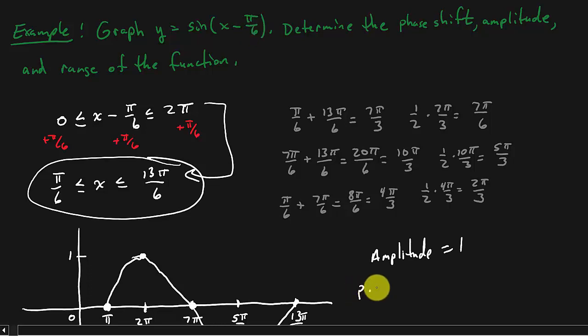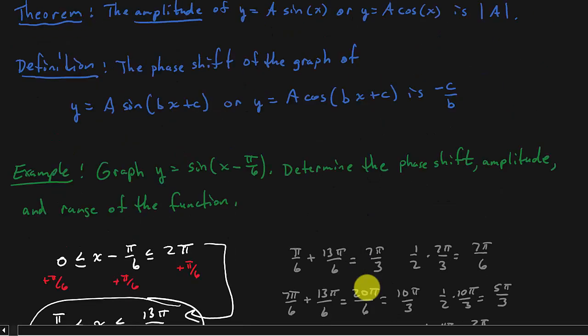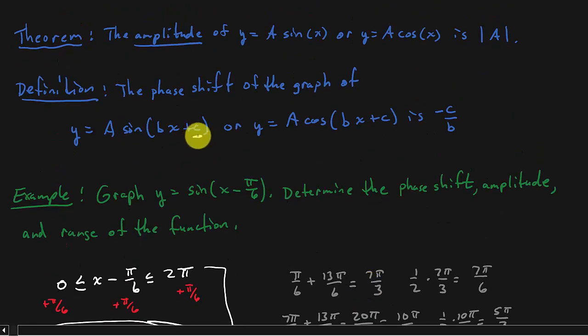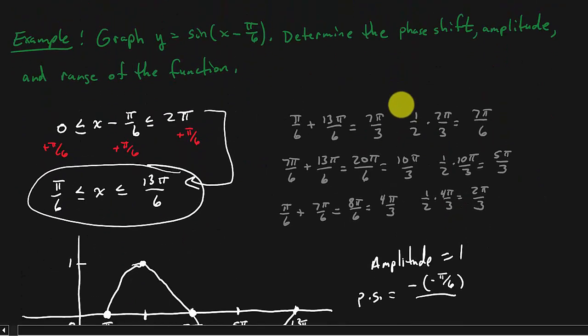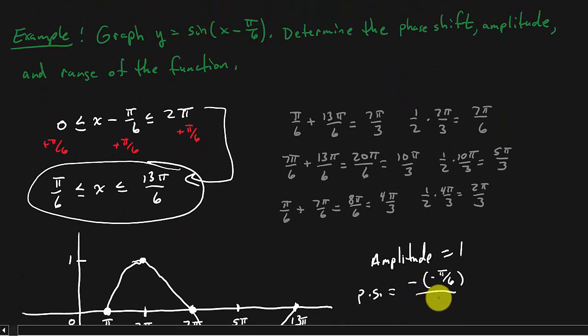So the phase shift is equal to negative c, which is negative pi over 6, over b. Well, remember, there's your c, and b is the number in front of x. So what's the number in front of x? That's 1. So that's over 1. So the phase shift is pi over 6.